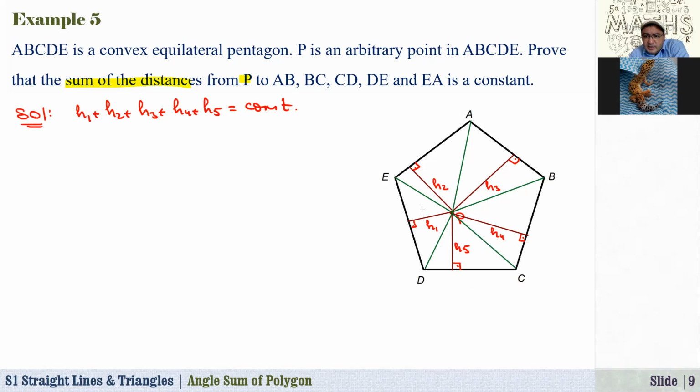What are those triangles? EPD, EPA, APB, PBC, and PDC. Now from here, I can write this equation.